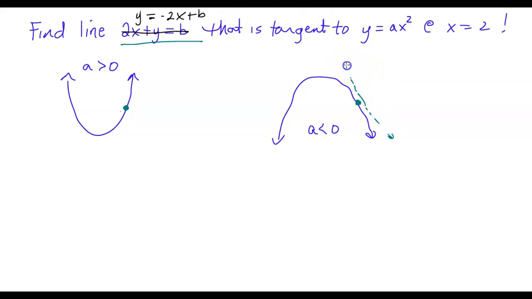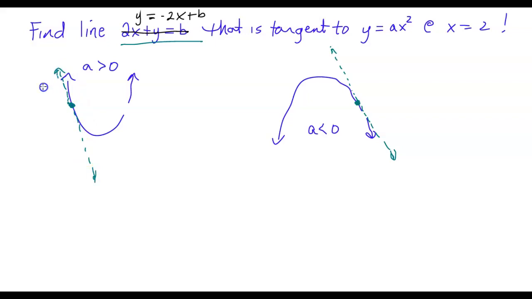So I was trying to get it to actually go through that point, but I didn't do a good job of that. So I'm going to try that one more time here. So if I got this, and it's going to kind of go like this through that particular point. Now, notice that if this is going to be true on the other side here, then the point would have to be on this side of the parabola if my line is going to kind of go through it like that, okay?